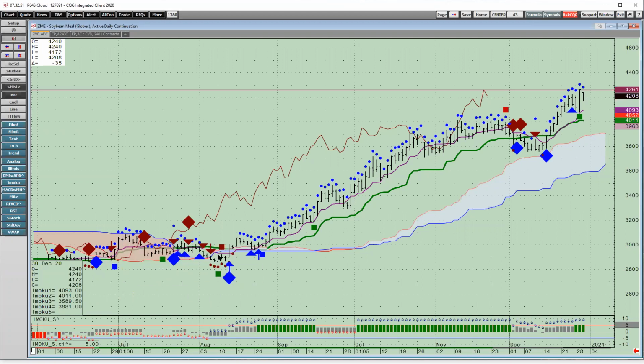Now over here where the cloud gets really skinny and it has this breakout, and you had an ORH signal here, which is telling you that the market might have bottomed. Now you're looking for the trend to try to reverse off of that ORH at the bottom of a move.